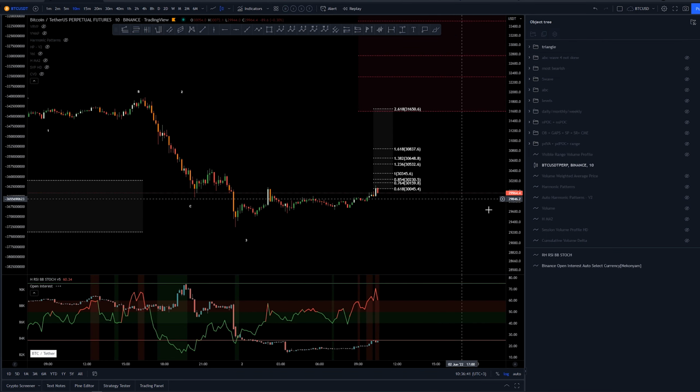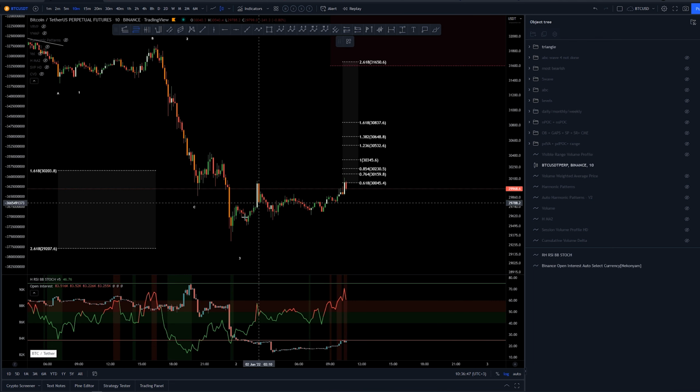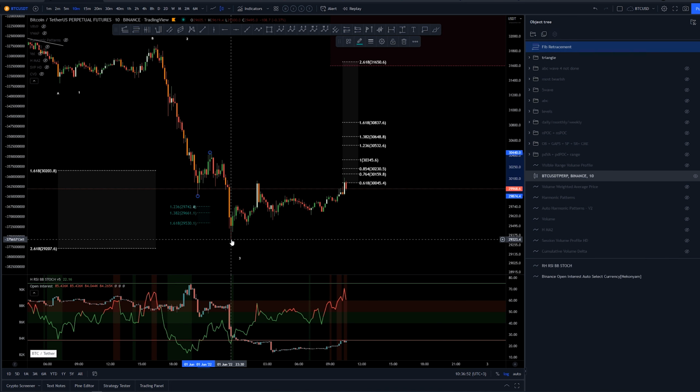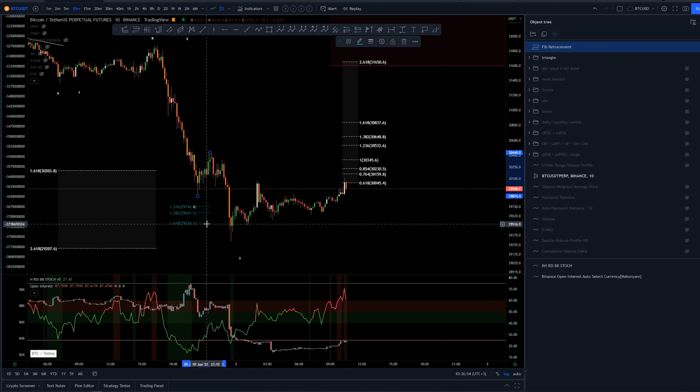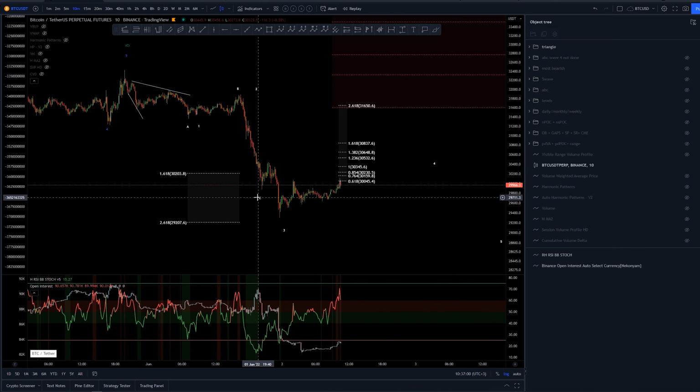It's just because we don't really seem to have any structure that is supporting this here. The next structure here is we have some kind of move up and then some kind of move down that is correcting that one, but it comes below the 1.618, which does not make it any good looking structure.